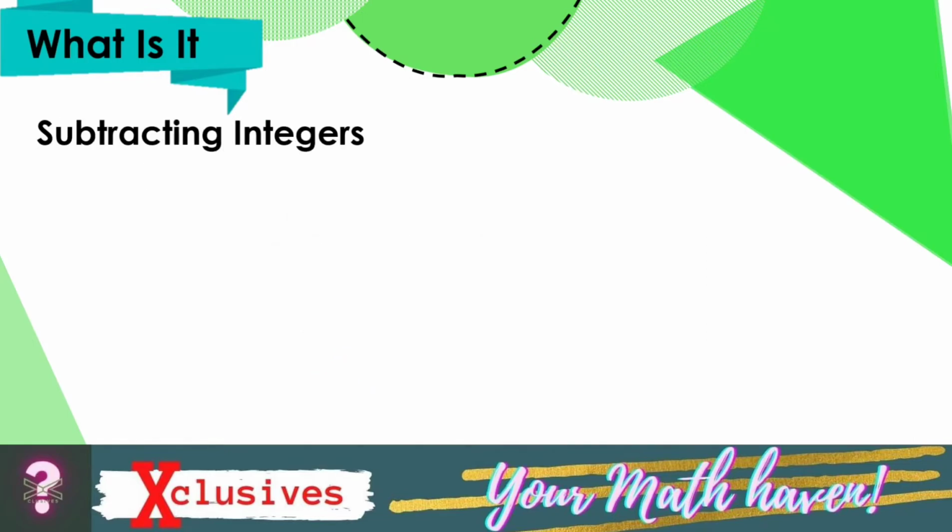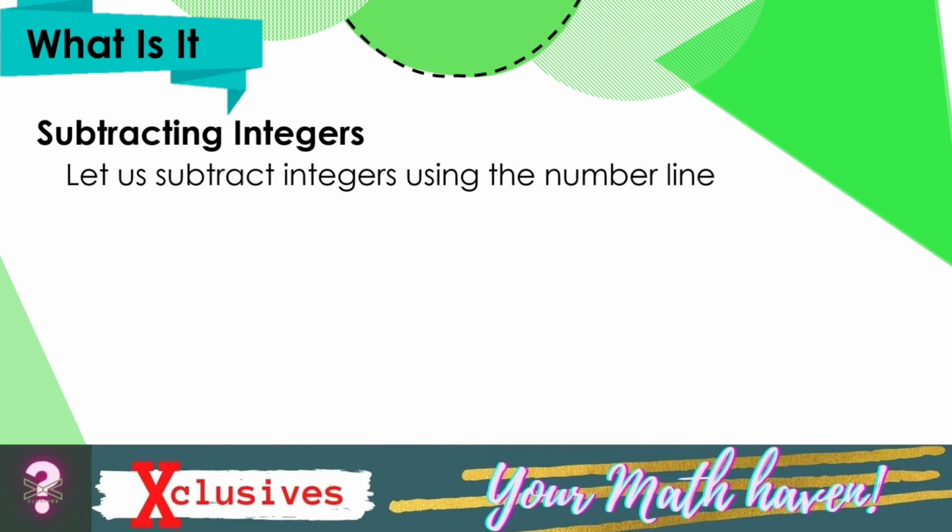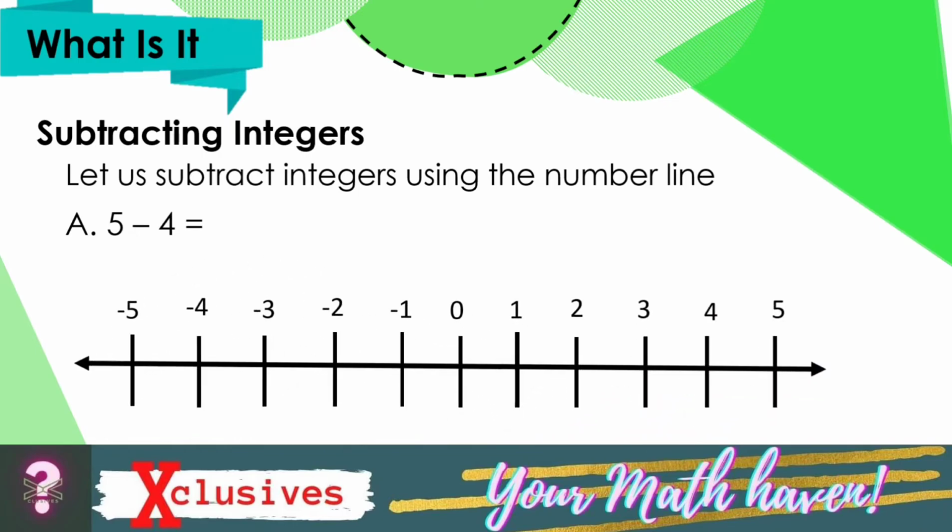Subtracting integers. Let us subtract integers using the number line. Let's have an example. Positive 5 minus positive 4. We start at positive 5, and that is 5 away from 0.